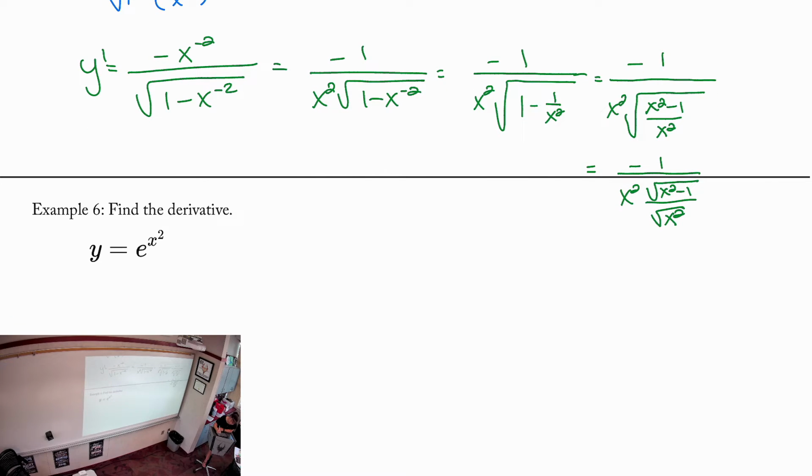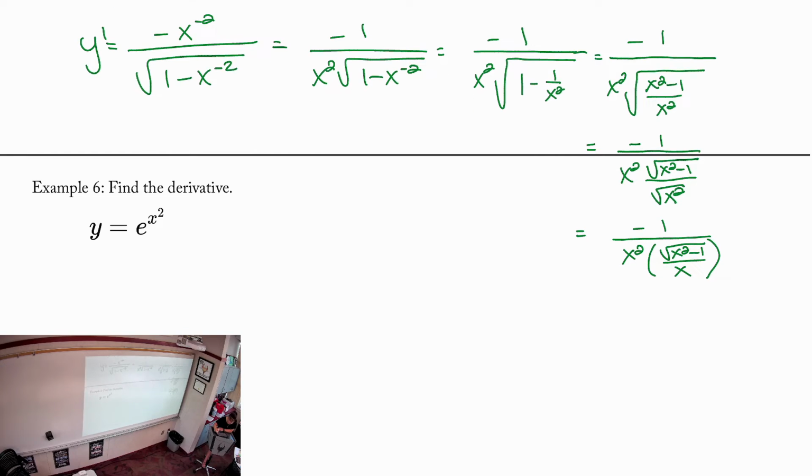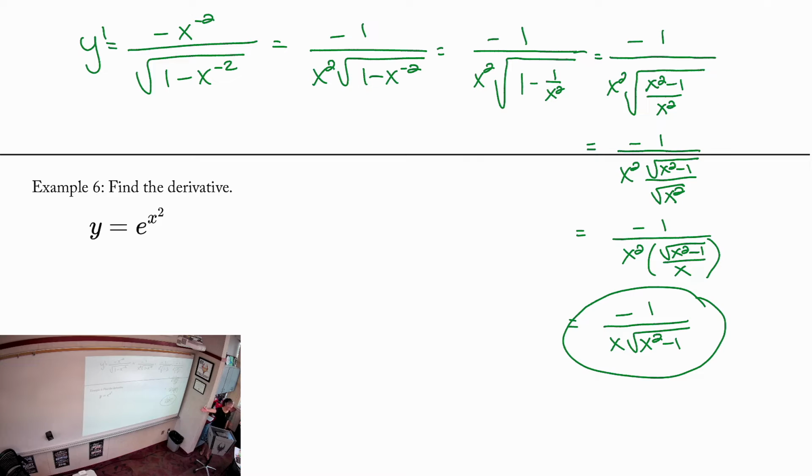Look, it's over x. I can cancel out one more x. That looks less simplified, but I'm not done yet, because I can cancel out an x. Look, it's pretty.